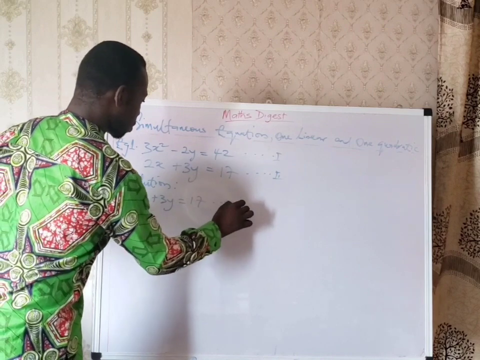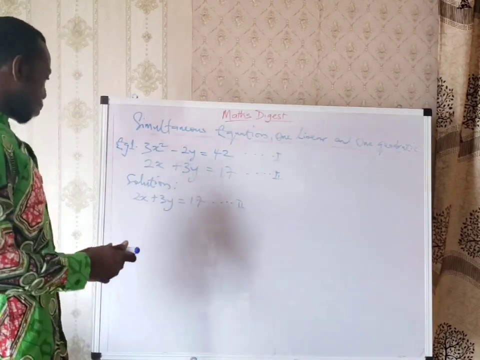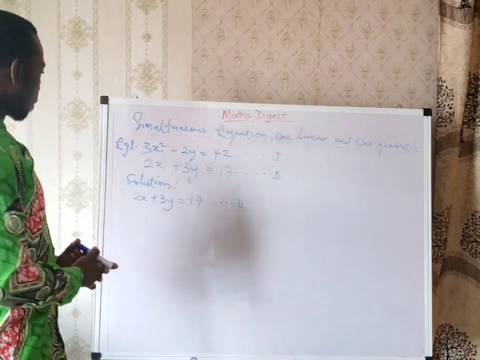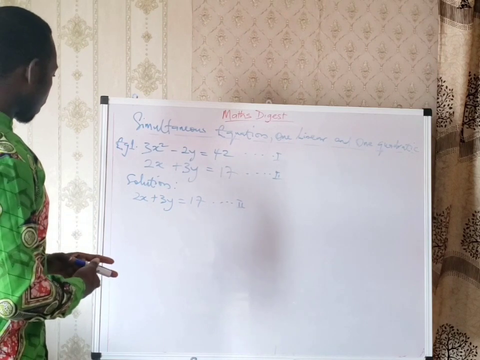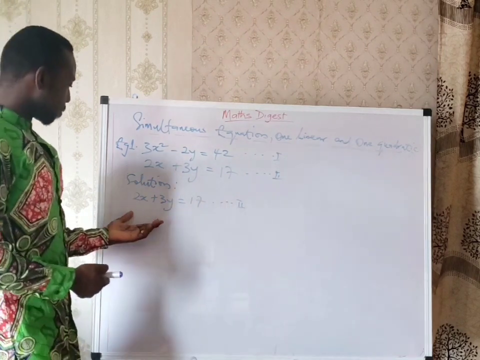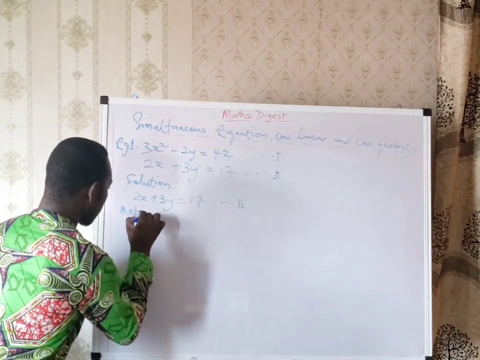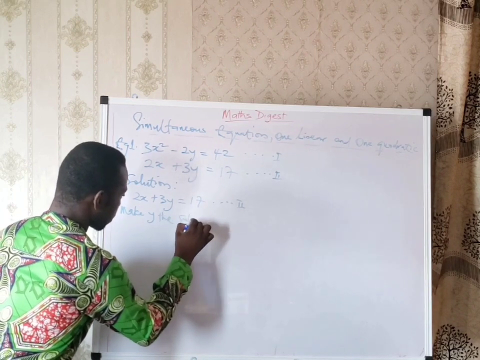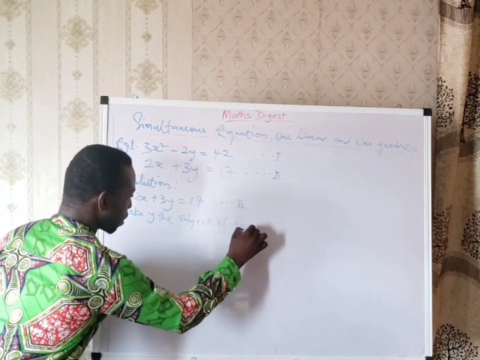That is equation 2. Now let's choose one of the variables. Which one do we go for? Probably we go for y. Let's make y the subject of formula here.